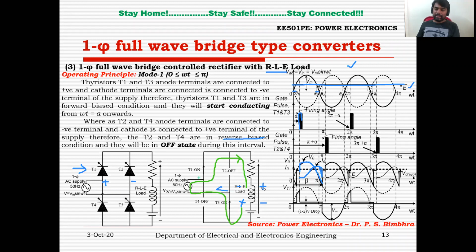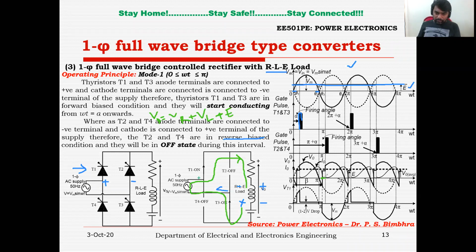Whatever energy it has will be dissipated in this resistance, or it may be fed back to the source, right? Now you can see during the small portion, the current flowing through the load equals 0. If the current flowing to the load equals 0, due to this RLE load, I can write V naught equal to VR plus VL plus battery voltage.